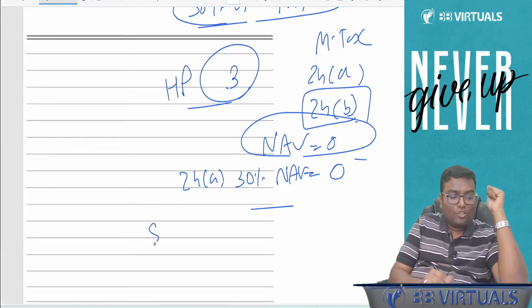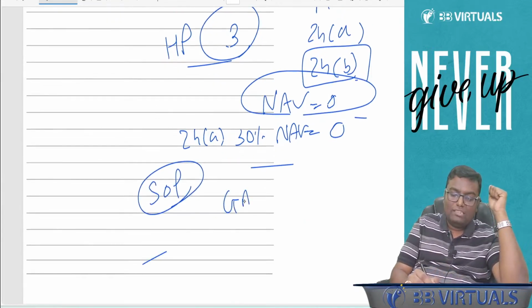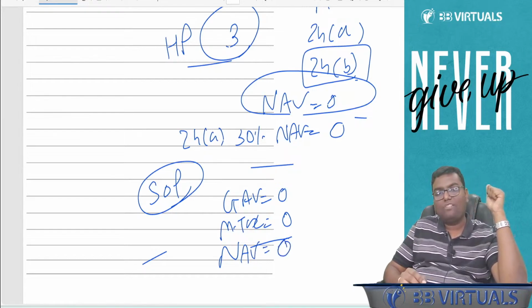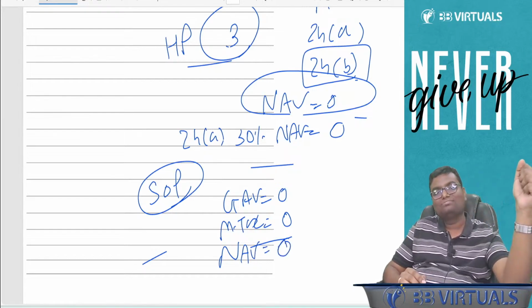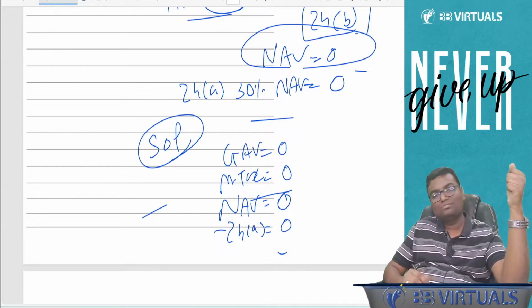Can I say self-occupied property, SOP? In case of SOP, GAV is also zero, municipal tax is also zero. So by default, NAV is also zero. So basically 30% is also zero. 24 clause A is also zero.